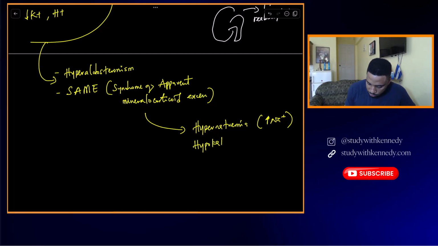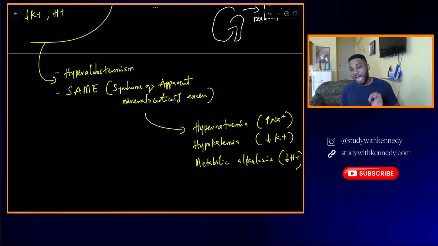Hypokalemia, because you're losing a lot of potassium. And metabolic alkalosis, because you're losing hydrogen ions.